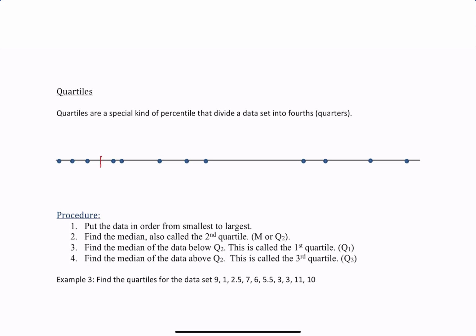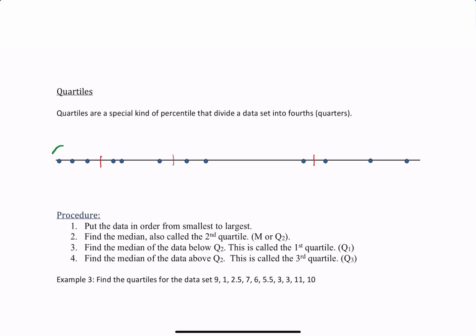So I'm going to make a mark halfway between the last of the first 3 and the first dot in the next 3, and then 3 more dots, and then 3 more dots, and that's it. So we've divided our data set up into 4 groups of 3.